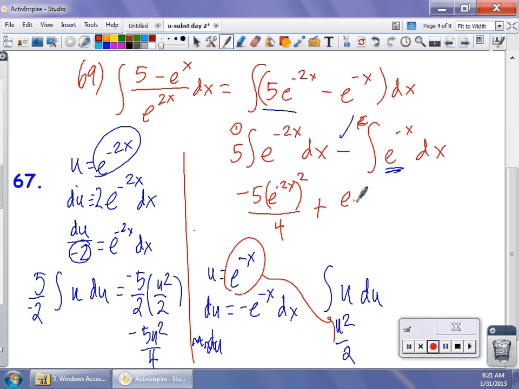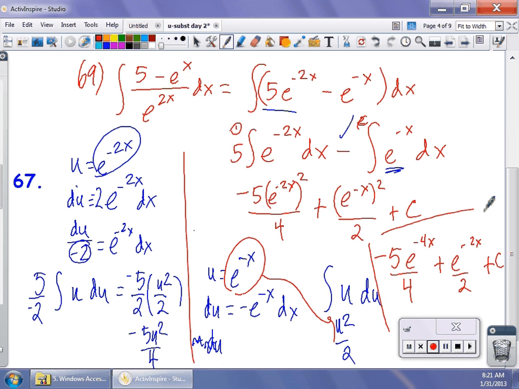I get e to the negative x squared over 2 plus c. A little bit of cleaning here is going to give me negative 5e to the negative 4x. When you have a power to a power, you multiply, plus e to the negative 2x over 2 plus c. So that one was a little bit involved.